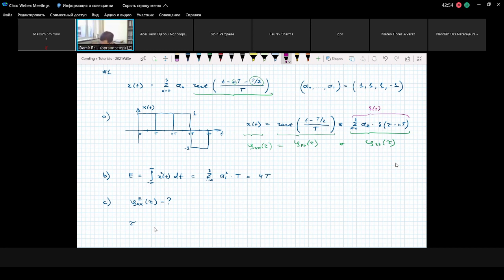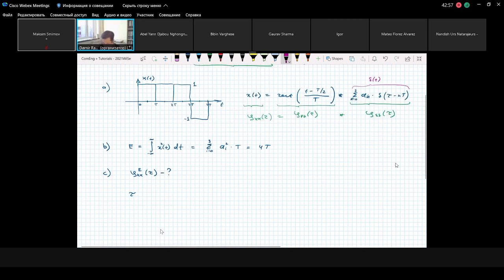As far as it's just a sequence of delta pulses, we need to analyze what happens for different discrete delays rather than for the whole continuous range of values for delay. So the original sequence will be 1, 1, 1, minus 1.